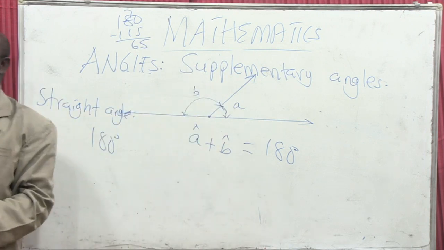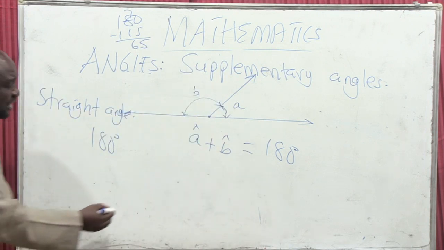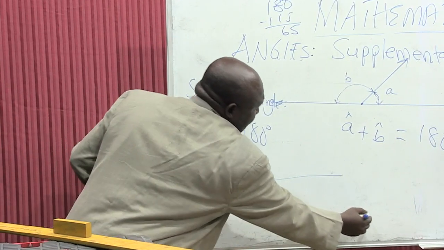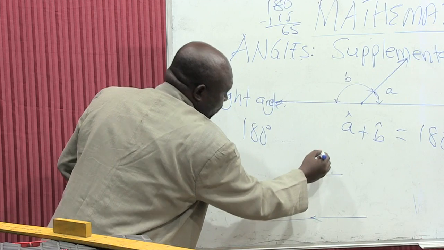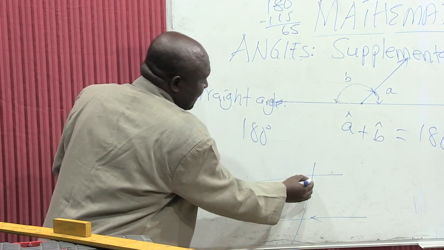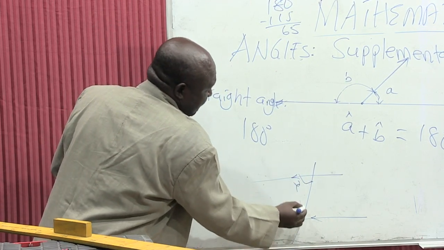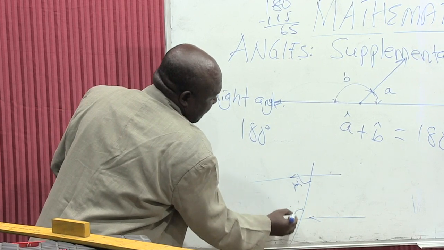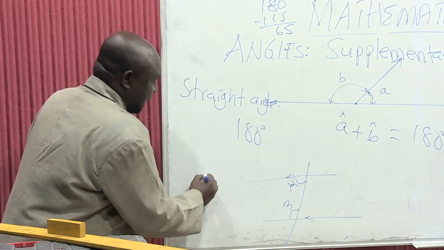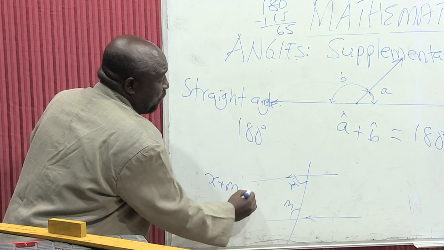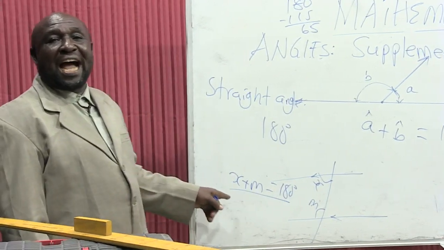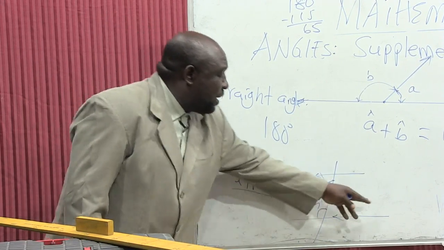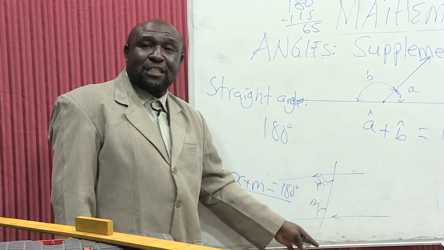Previously we said if this is the transverse line, with parallel lines, this angle x and this angle m, we say x plus m equals 180 degrees. Why? Because they are interior angles. We have parallel lines, we have a transverse.